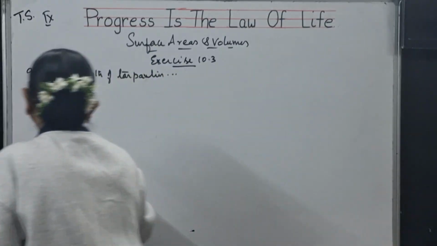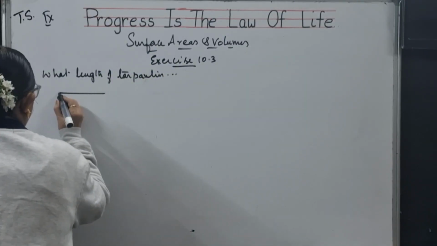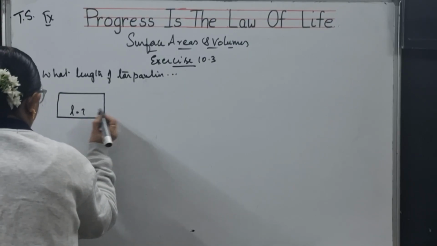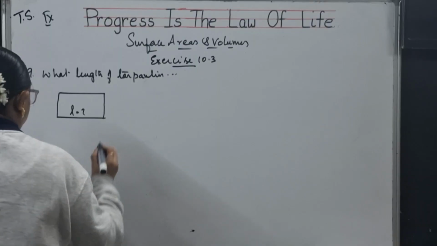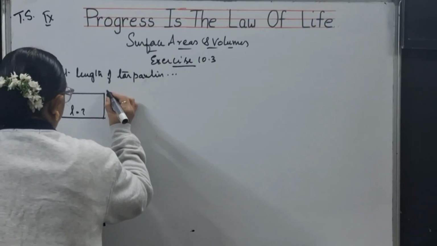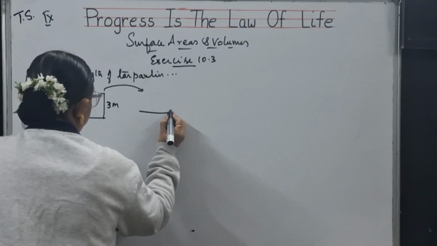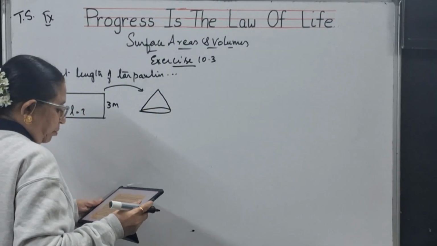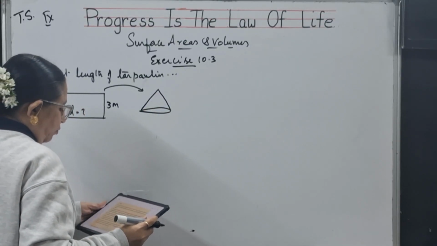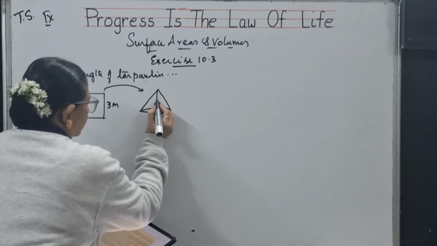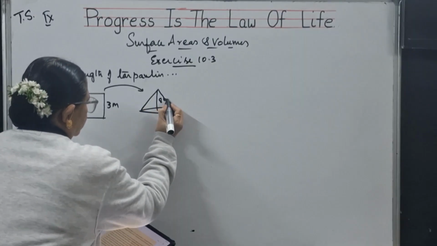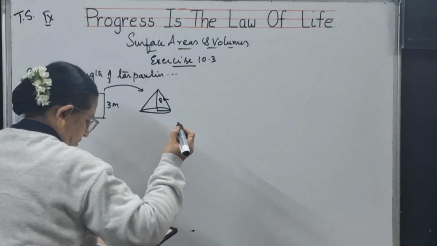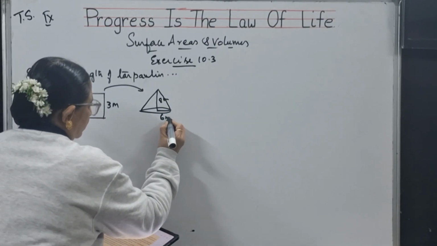That means there is a rectangular tarpaulin piece. Length you don't know, but width they have given us, 3 meters. This tarpaulin is converted into a cone. They made a conical tent of height 8 meters and radius 6 meters.